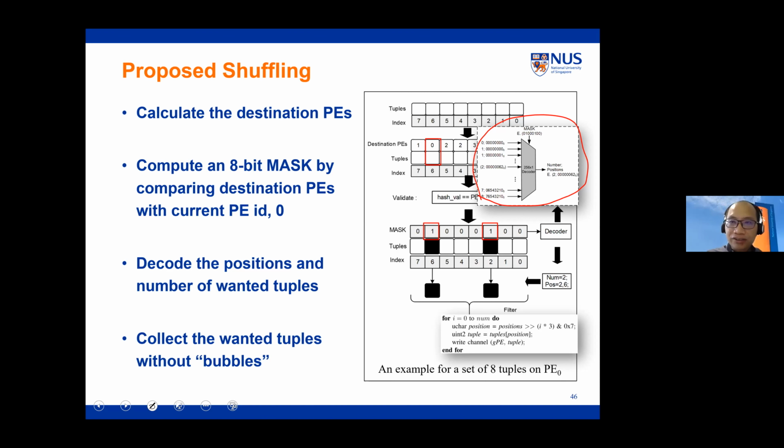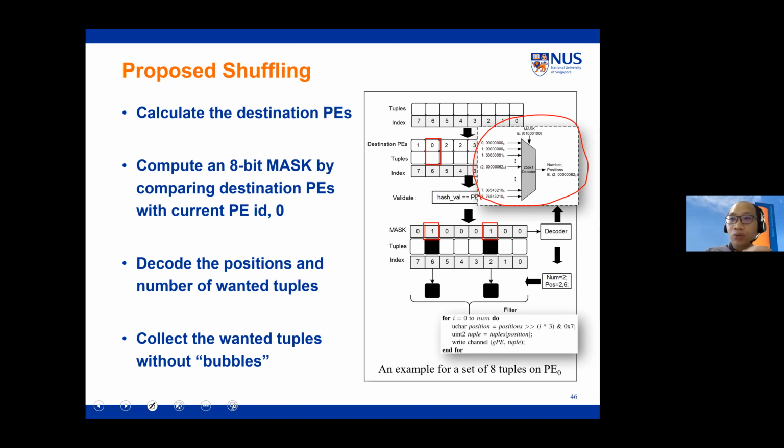The design of this decoder is to tell the number of valid tuples to that PE, and also the position of the valid tuples to that PE. Basically, we can add a flag to each tuple: 0 is invalid to that PE, 1 is valid to that PE.